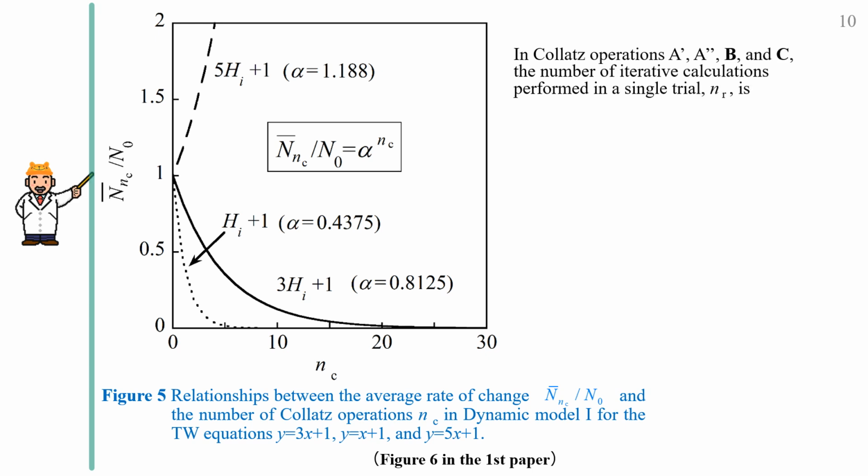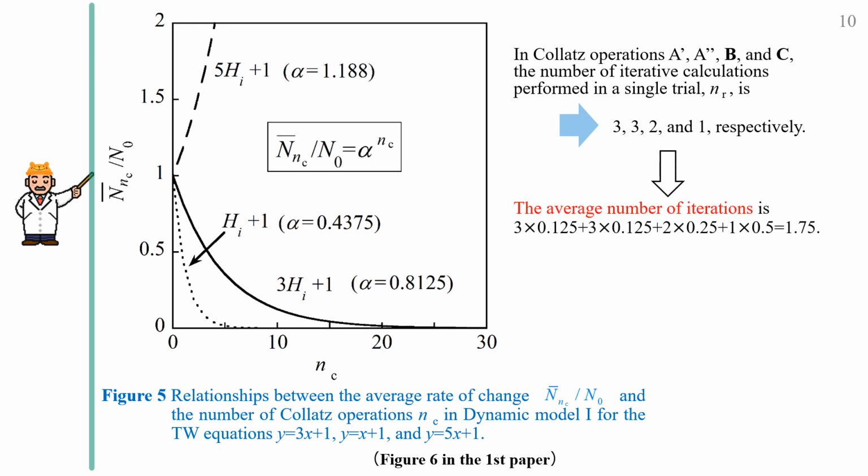In Collatz operations A double prime, A, B, and C, the number of iterations n sub are performed in one trial is 3, 3, 2, and 1 times, respectively. Considering these values together with the proportions of each operation type, the average number of iterations is 3 times 0.125 plus 3 times 0.125 plus 2 times 0.25 plus 1 times 0.5 equals 1.75 times.